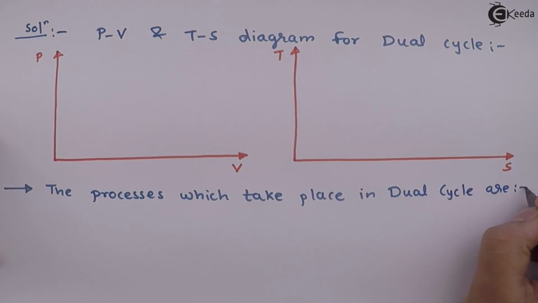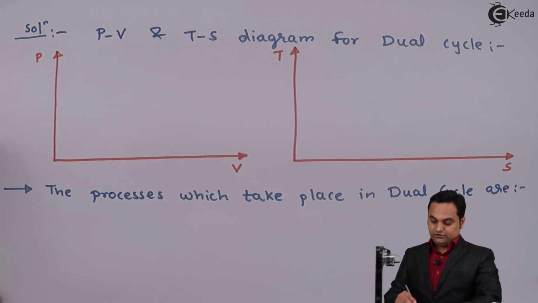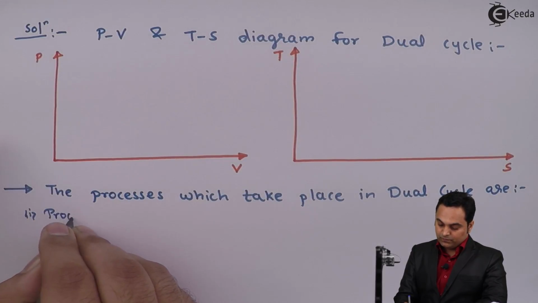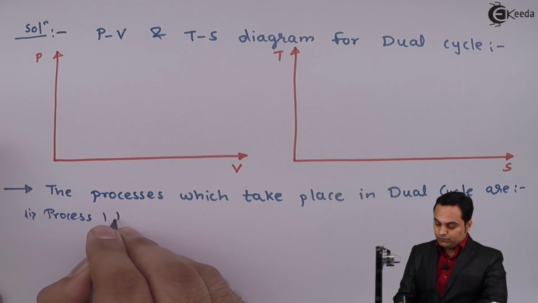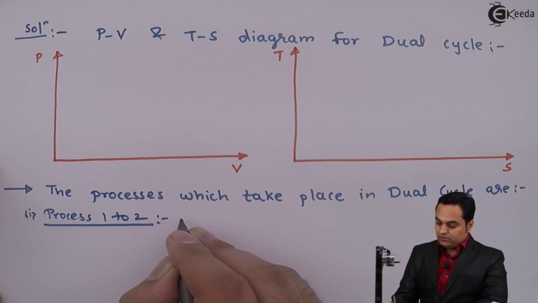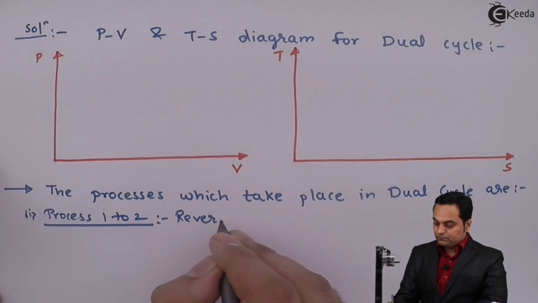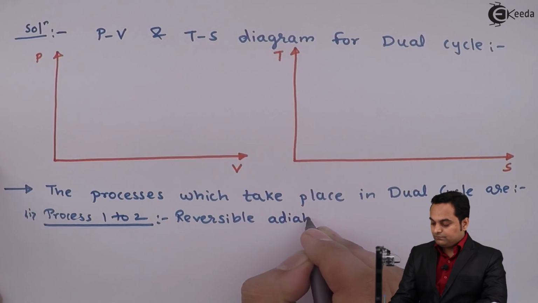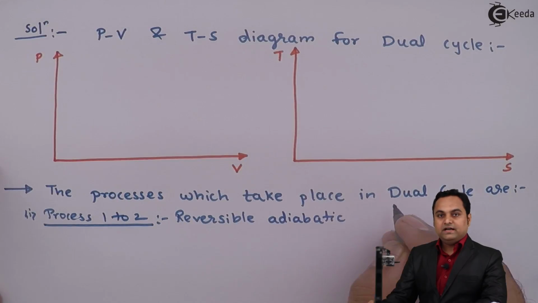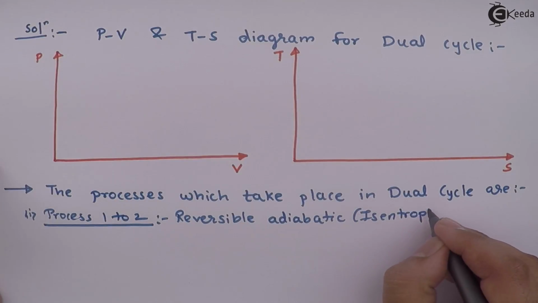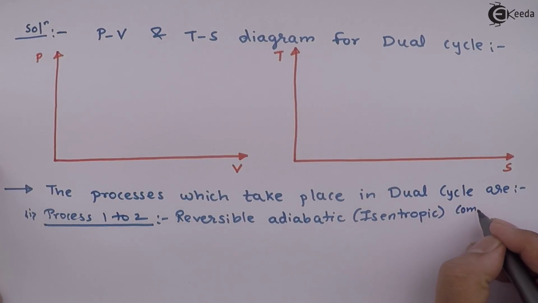The processes are, first of all, process 1 to 2, it is called a reversible adiabatic or isentropic compression.